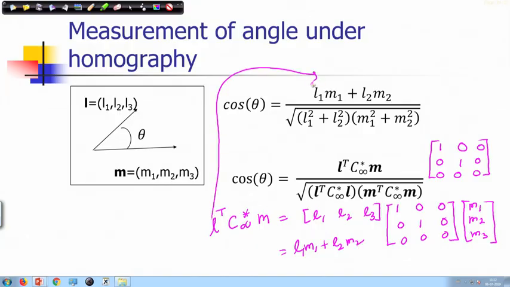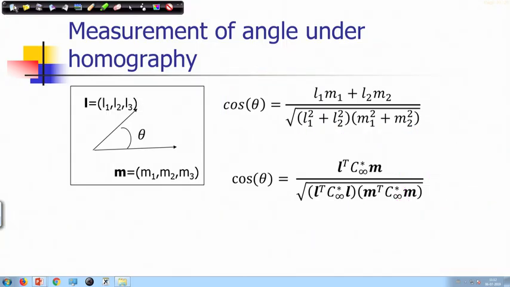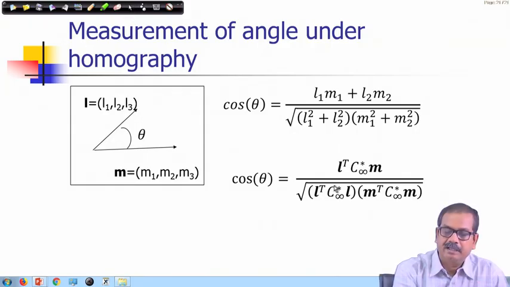of this expression. Similarly, L1 square plus L2 square can be computed in the same way, as L transpose C infinity star L, and M1 square plus M2 square can be computed as M transpose C infinity star M. So, this is computing the same quantity, but the interesting part is that there is an invariance associated with this measure.